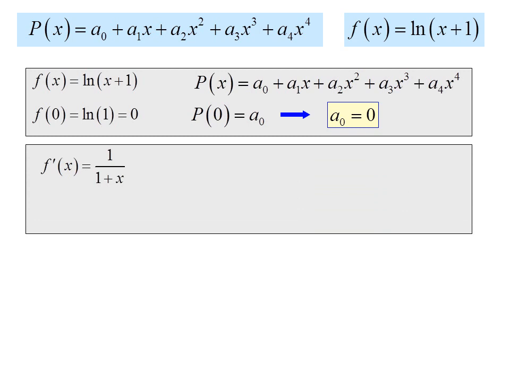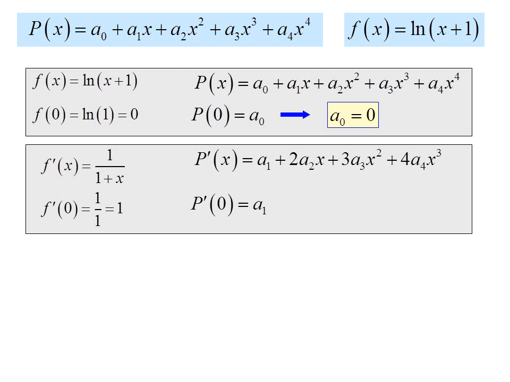F prime of x is 1 over 1 plus x. F prime of 0 then is 1 over 1, or 1. P prime of x is the derivative of our original series, or a sub 1 plus 2 a sub 2 x plus 3 a sub 3 x squared plus 4 a sub 4 x cubed, as we took the derivative term by term.